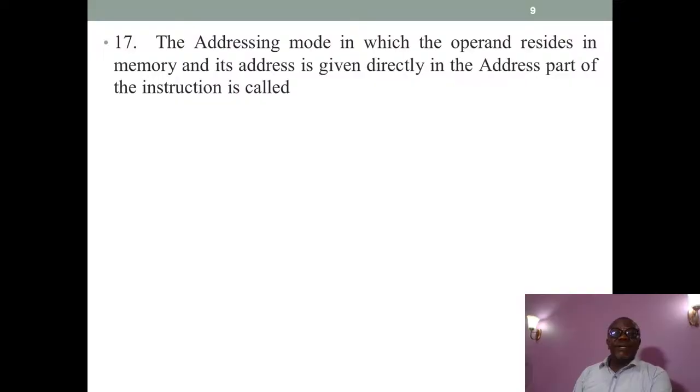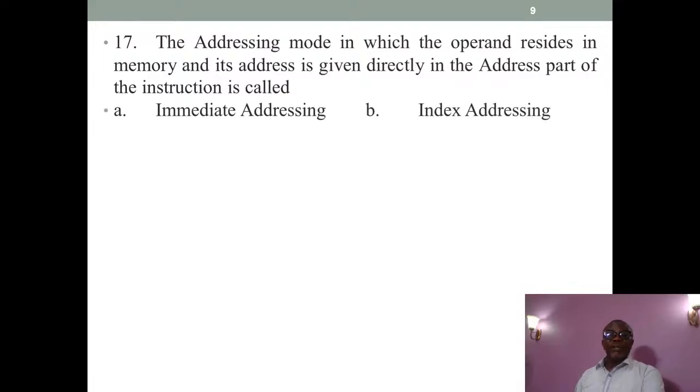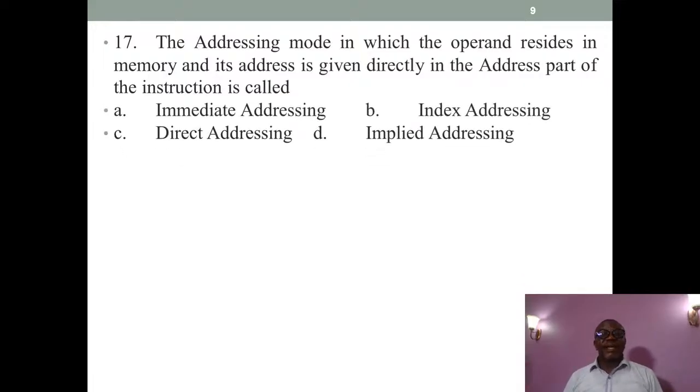Now, 17: the addressing mode in which the operand resides in the memory and its address is given directly in the address part of the instruction is called what? Immediate addressing, index addressing, direct addressing, or implied addressing.